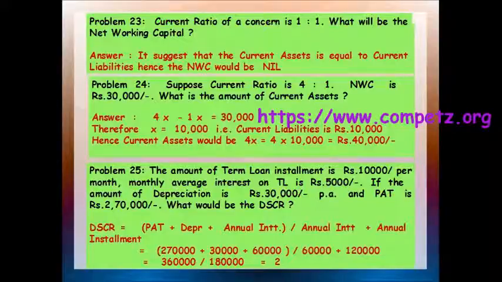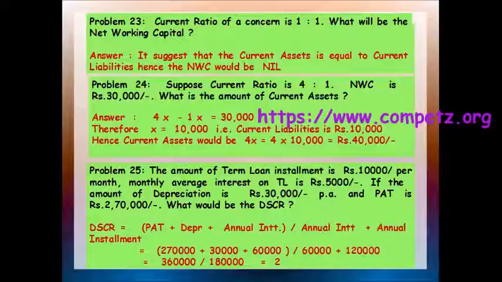Annual term loan interest is 60,000 here, friends. That is, average interest on term loan 5,000 multiplied by 12 months. So 5,000 into 12 you will get as 60,000. In the numerator you will just add it: 2,70,000 plus 30,000 plus 60,000, divided by your annual interest 60,000 plus your annual installment, that is 1,20,000, that is 10,000 per month for 12 months.